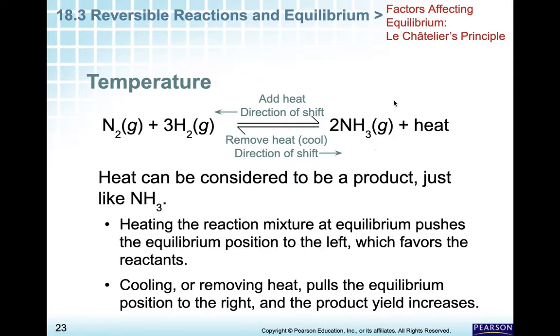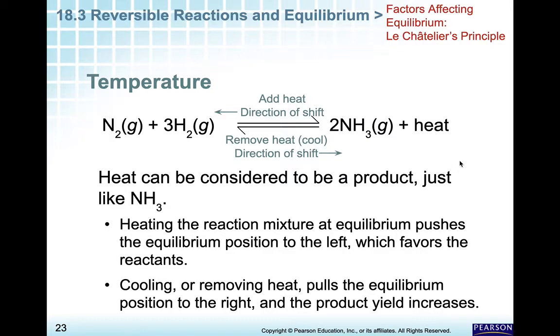And just like before, if we increase over here, the system wants to undo our work, undo our increase. And so it will consume that heat to perform the reverse reaction. So adding heat means we shift the reaction towards the reactants.